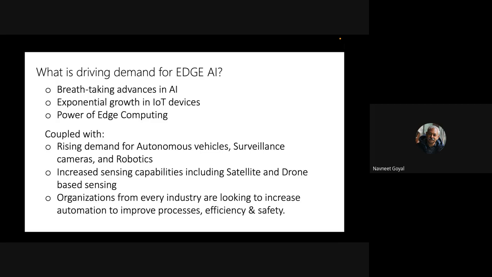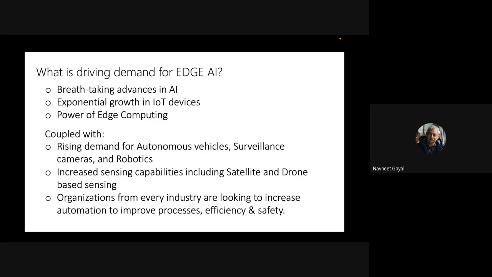So the number of connected devices is increasing, and so is the power of edge computing. In the last 4 or 5 years, we have been focusing on edge computing a lot, and Edge AI basically uses the power of edge computing. Couple this with the rising demand for autonomous vehicles, surveillance cameras, and robotics.